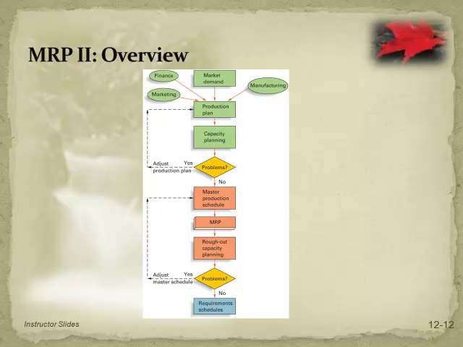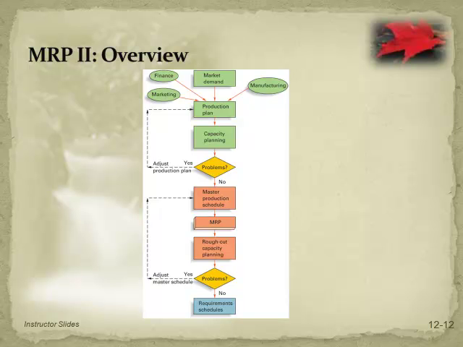If you take a look at the very center of this diagram, you'll see a box that says MRP. That's the original MRP. With MRP2, what we did is we hooked together the areas shown in green in this diagram.